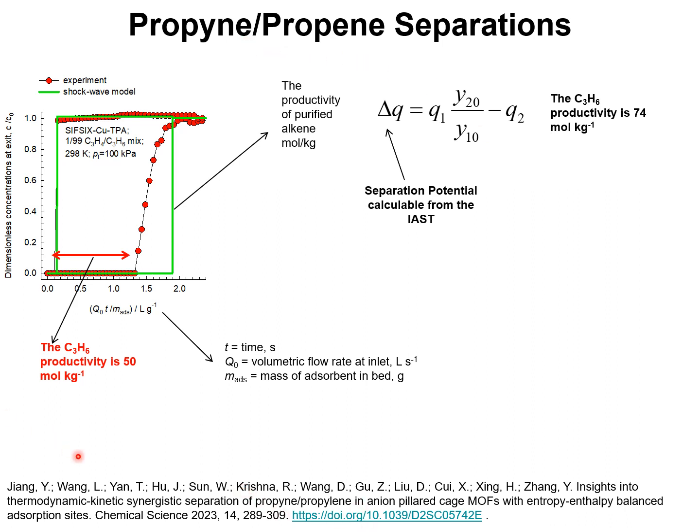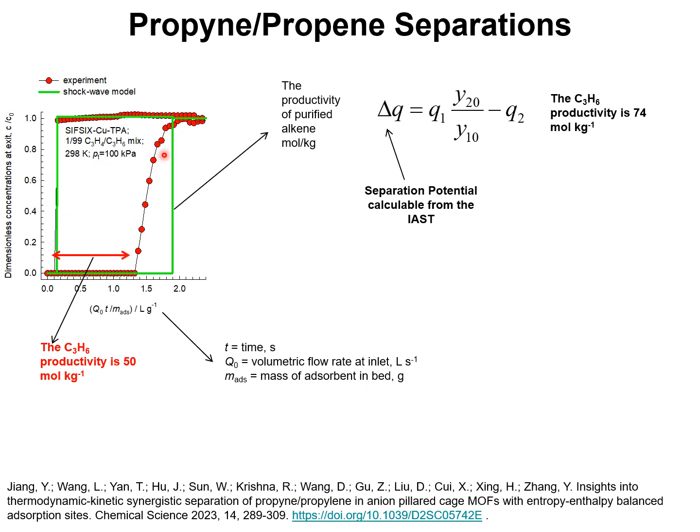We first examine experimental breakthroughs for 1/99 mixtures of propyne and propene using SIFSIX copper TPA, as reported in this paper published in Chemical Science in 2023.